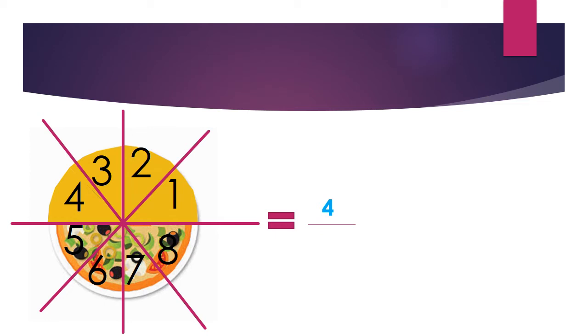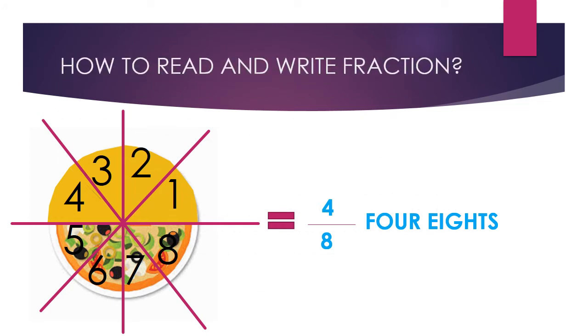Also, if I cut it into 8 pieces and I ate 4 pieces, the numerator is 4 and the denominator is 8. How can I write it in a word form? 4 eighths.